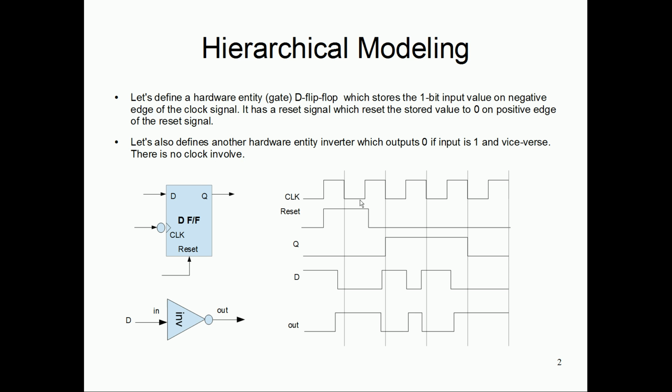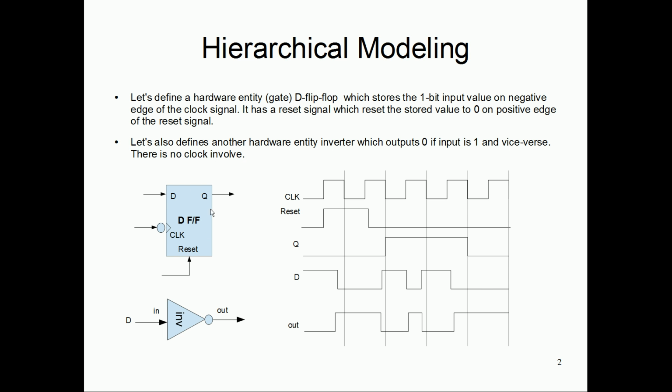Now, to start with, let's define a hardware entity called D flip-flop. Don't worry if you don't already know what a D flip-flop or an inverter gate, combinational circuit, or sequential circuit is. It is basically irrelevant right now for this specific topic of hierarchical modeling.